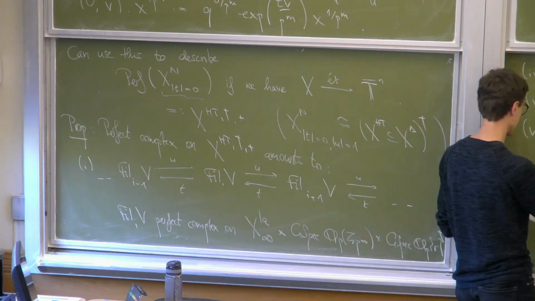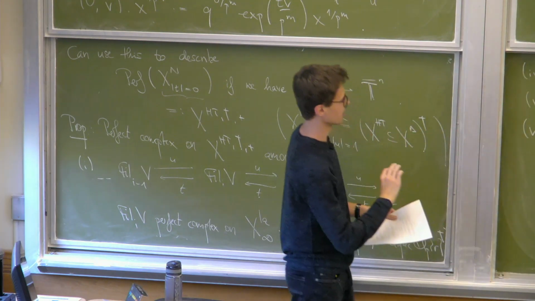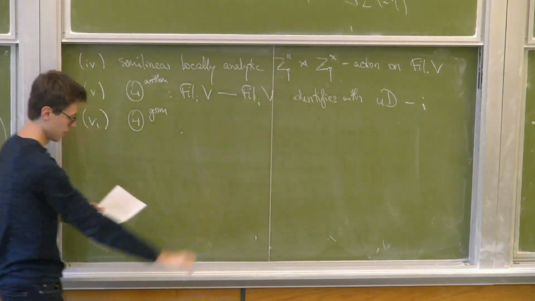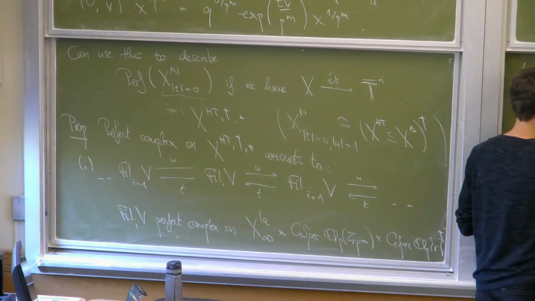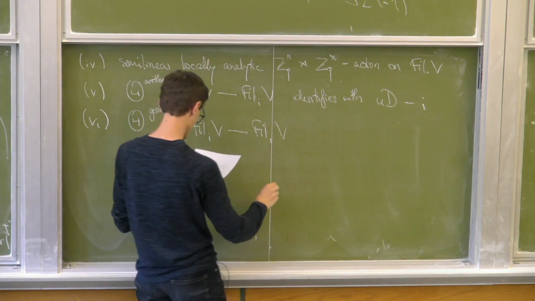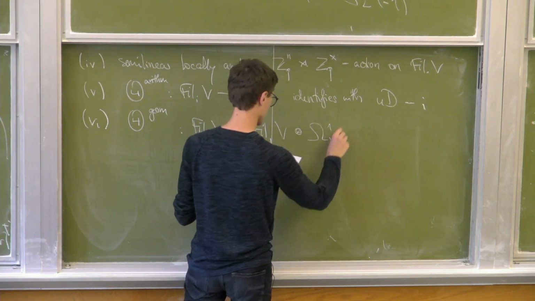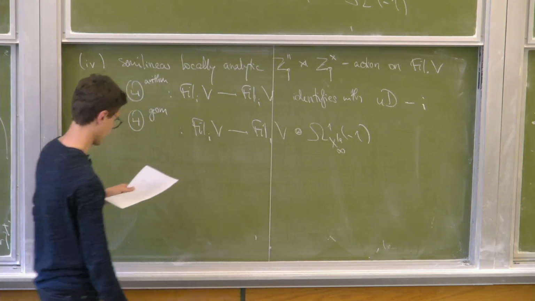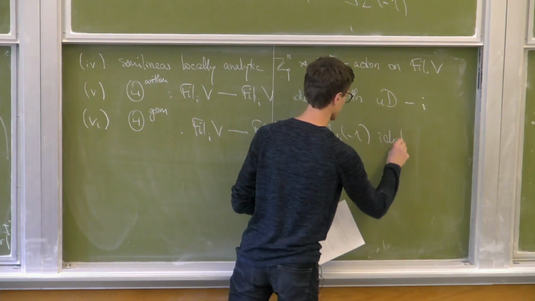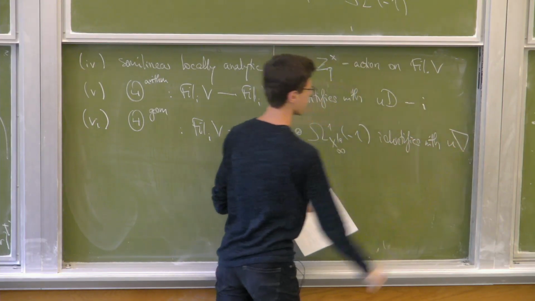And I also have a condition on the geometric Sen operator, so I can also take the derivative of the Z_p^N action, and then I get a map from Fil^i V to Fil^i V tensor this thing. And this is supposed to identify with U times nabla.